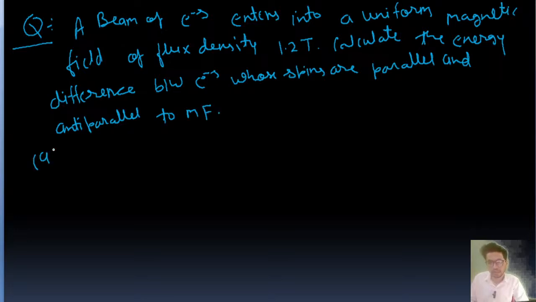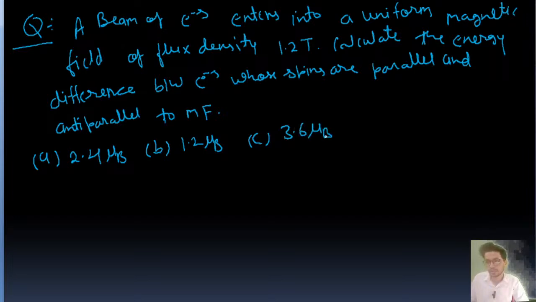The options are: A, 2.4 mu b; B, 1.2 mu b; C, 3.6 mu b; and D, mu b. Okay, so this is the question.